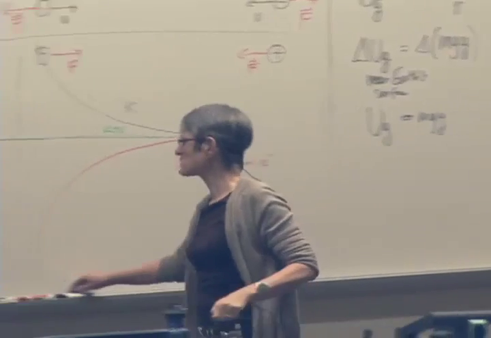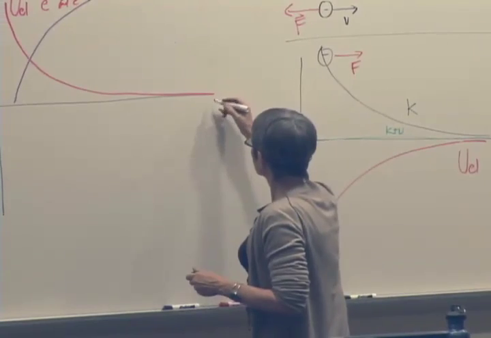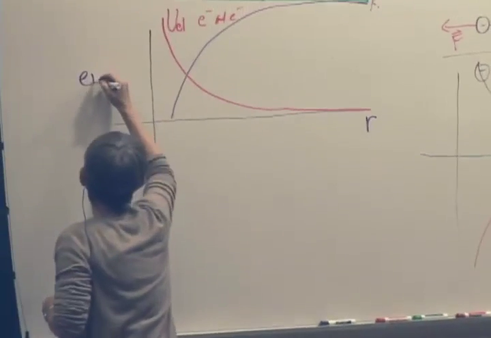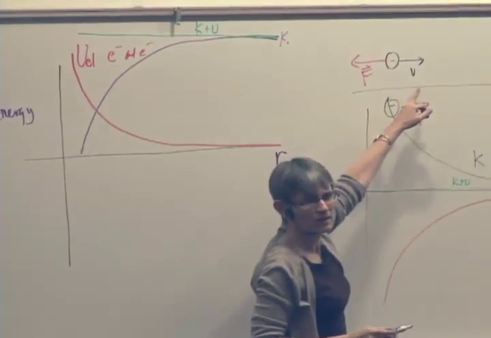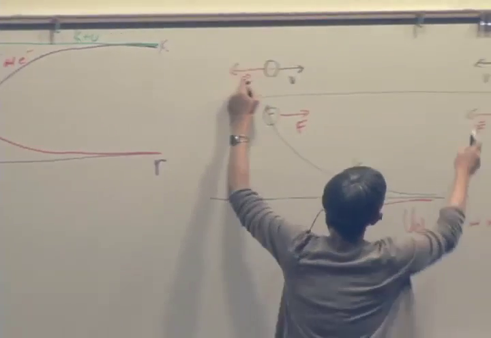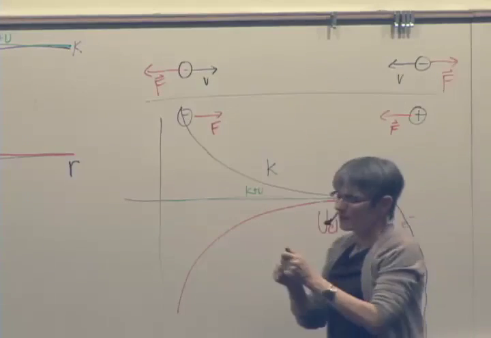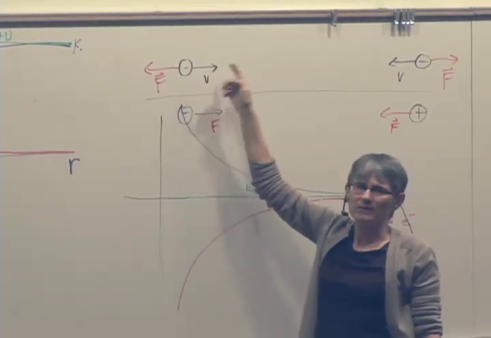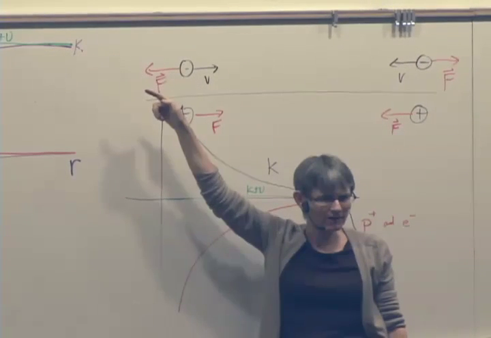Kinetic energy decreases as they get close together, because remember, I'm not being very careful about this. So this is the distance between the particles, and this is energy. So we're talking about the 2 electrons, right? So they start with some kinetic energy. So we'll think about the momentum principle here. The momentum of this one, it has some momentum, moves this way, but there's a force acting on it that way.